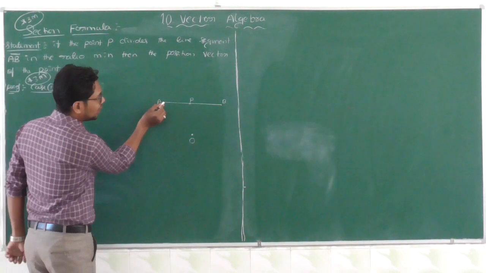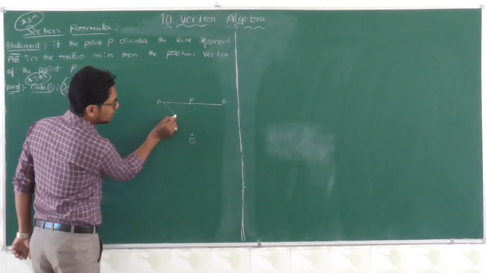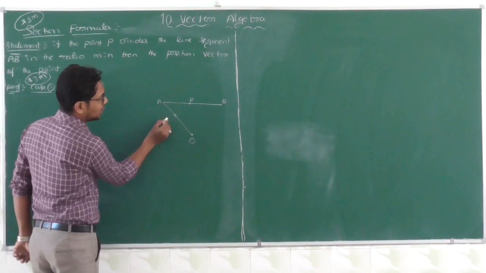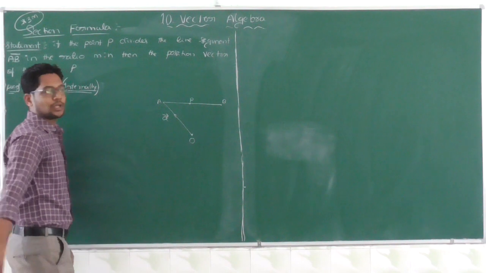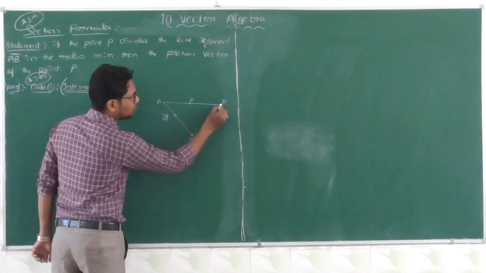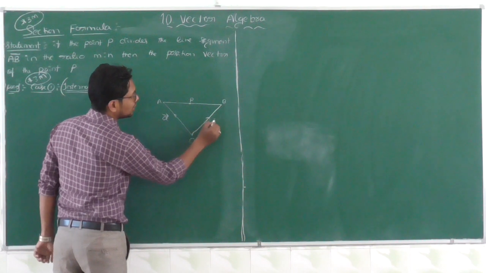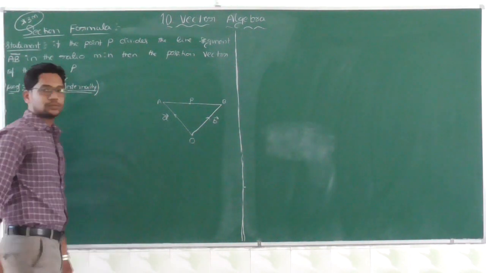The position vector of the point A with respect to its origin is A vector. The position vector of the point B with respect to its origin is B vector.